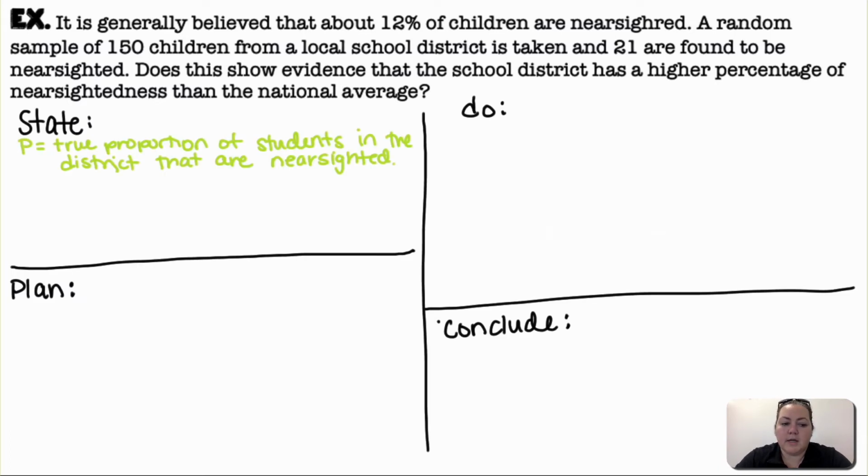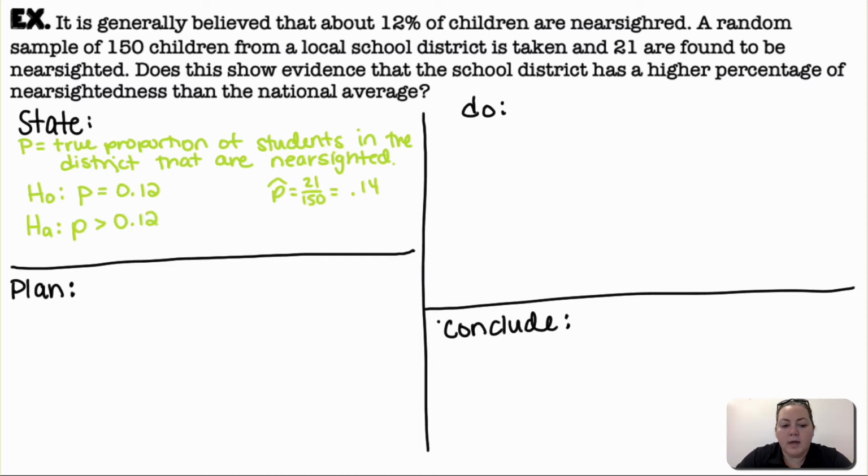So state: we define our parameter. P is the true proportion of students in this district that are nearsighted. Our null hypothesis is that P is equal to 12%, which is the claim. It's generally believed that 12% are nearsighted. The alternative: they wanted us to test to see if that school district had a higher percentage, so P is greater than 0.12.